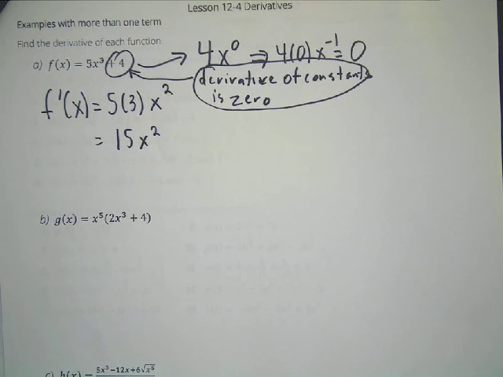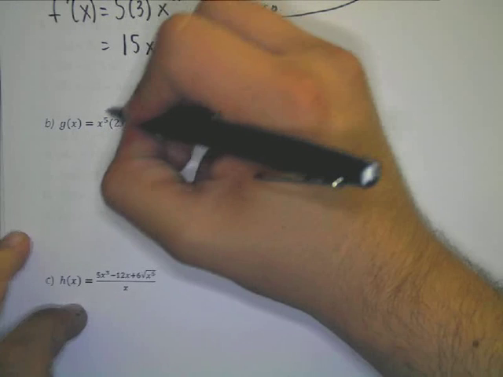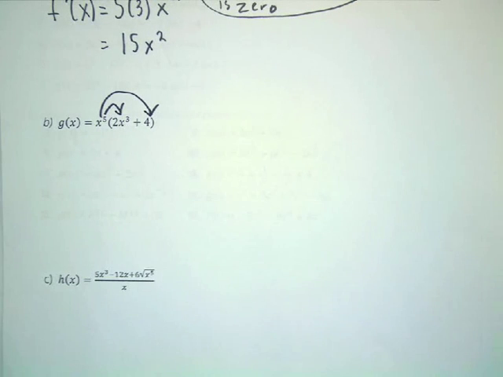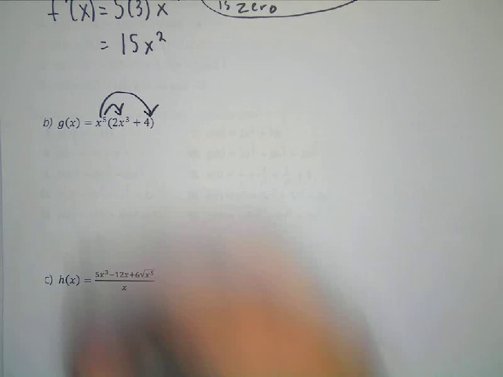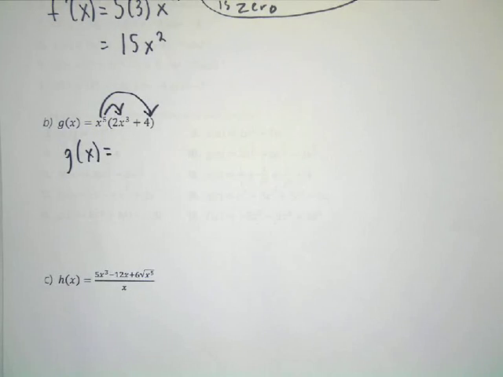Let's talk about b. So for b, what are we going to do with that x to the 5th? Yeah, let's distribute it. So here, when we're distributing, we're going to multiply x to the 5th times 2x to the 3rd. Now remember, when you're multiplying exponents, you're actually going to do what to them? You're actually going to add them.